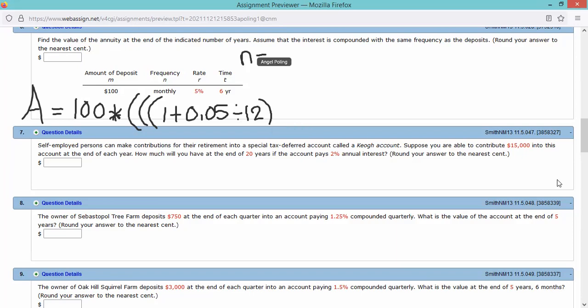N is 12, and t is 6, so nt is 6 times 12, 72.